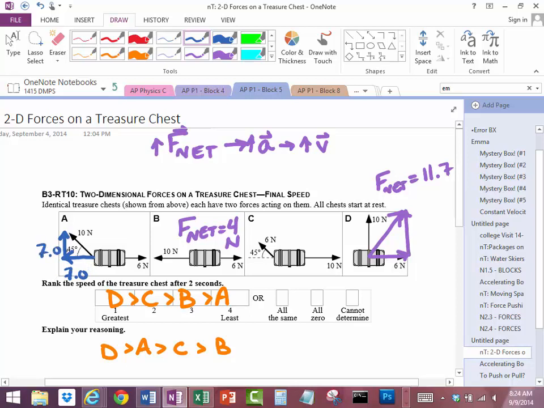But they will definitely be the same. Okay. So now, what do I do with that information? What am I going to do with that information now that I've broken it into pieces? The net force of the horizontal, so it's going to be 7 minus 6, so it's like 1 that way. Okay, so I've got something like 1 in this direction-ish and 7 in this direction. Something like that, right? So then can I find the net?